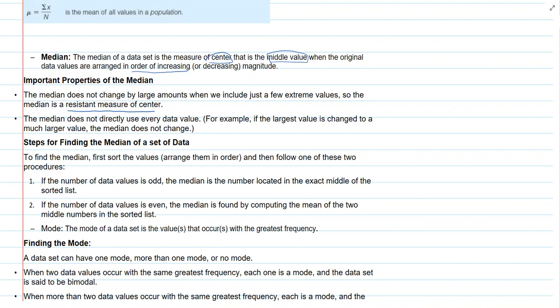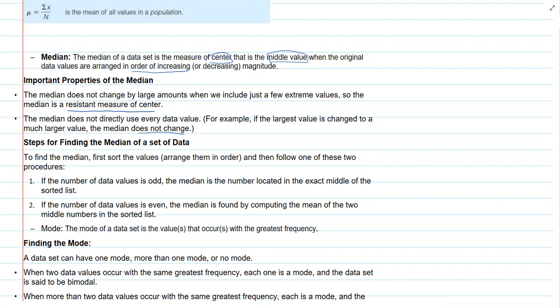The median does not directly use every data value. For example, if the largest value is changed to a much larger value, the median does not change. So again, that resistance factor is always present.